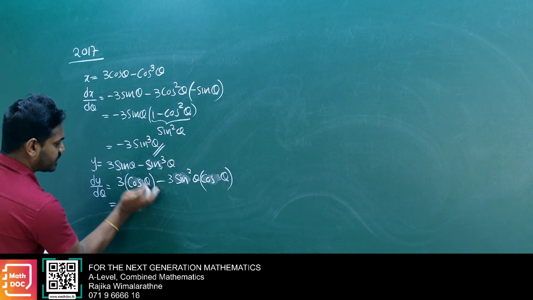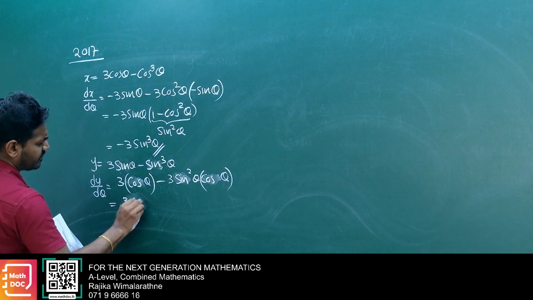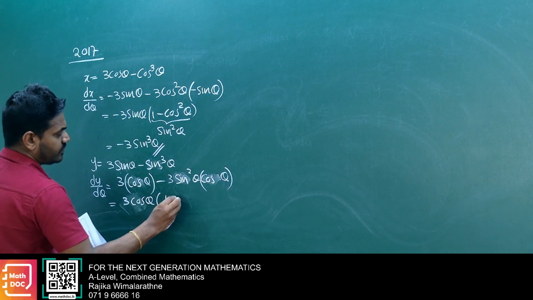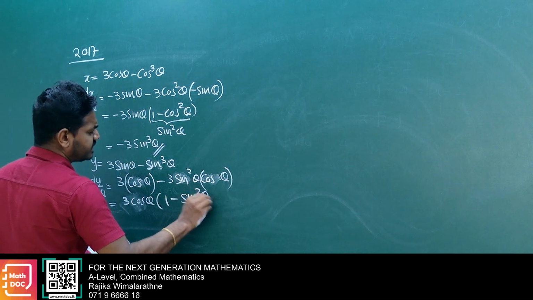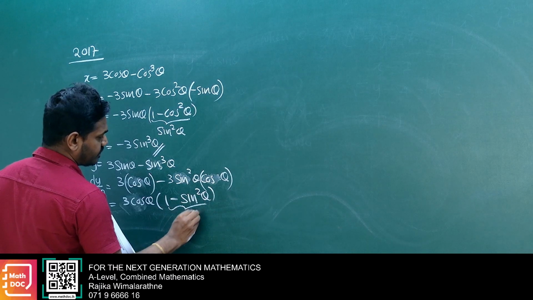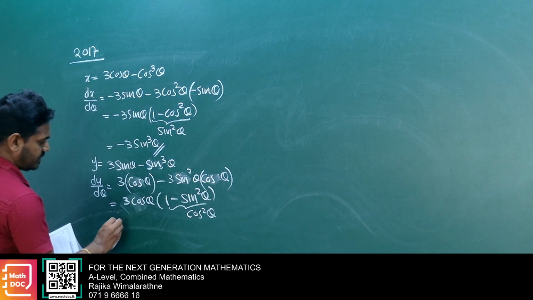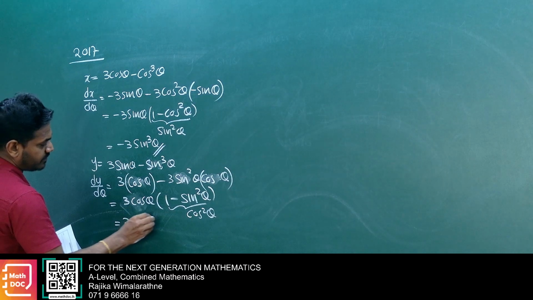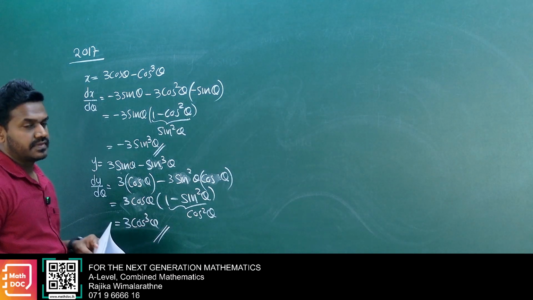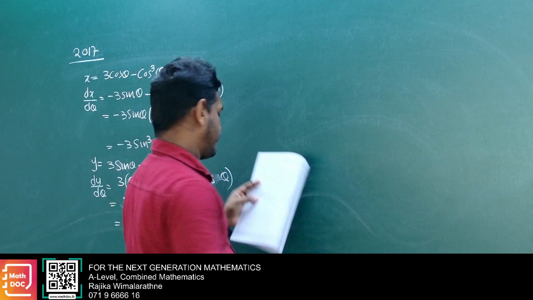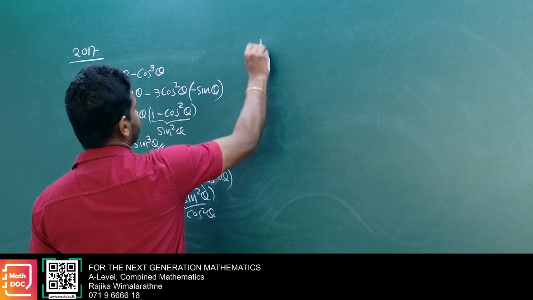Then take cos outside: 3 cos theta times 1 minus sin squared theta, and we know this is cos squared. Then 3 cos cube theta.